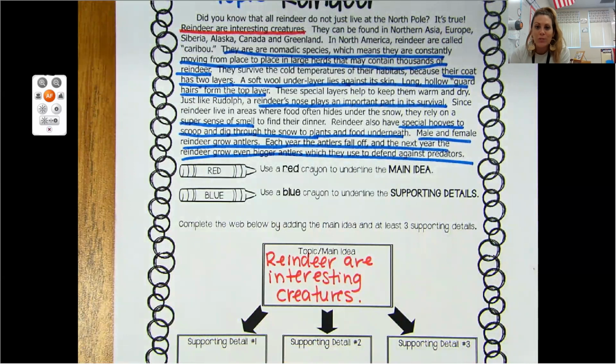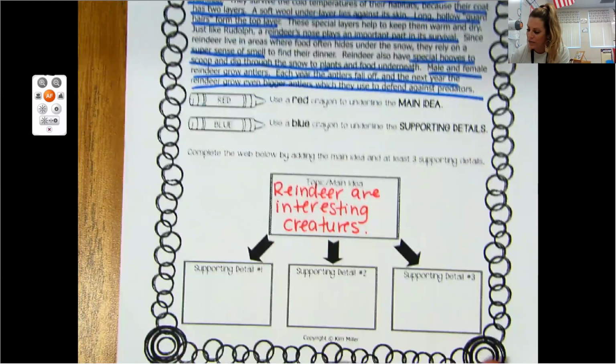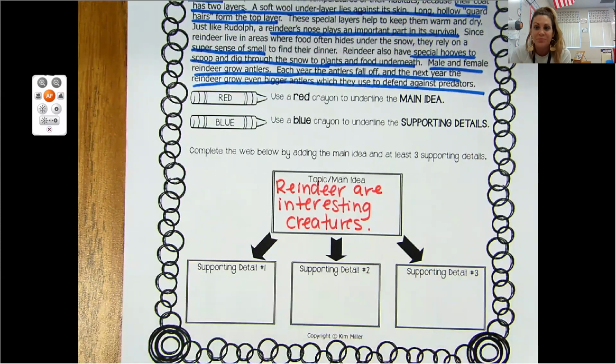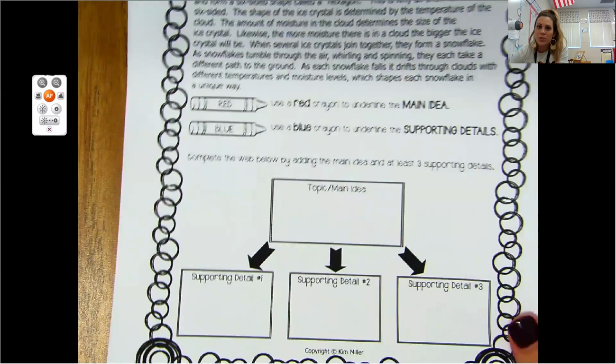I want you to pick your favorite 3 details and write them down, okay? And then I want you to take a break and then go ahead and do the snowflakes.